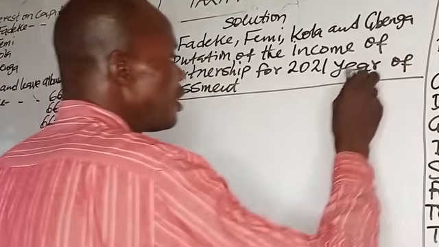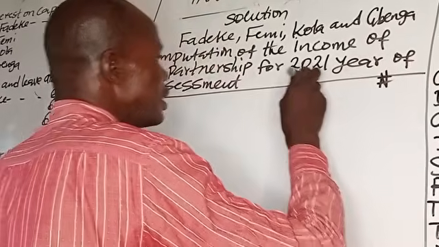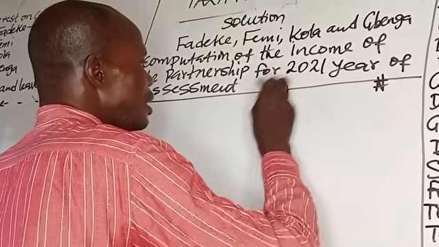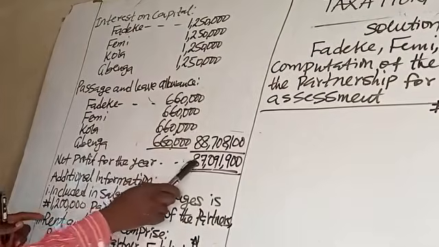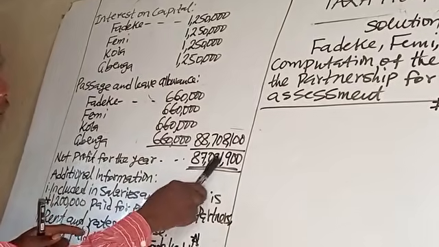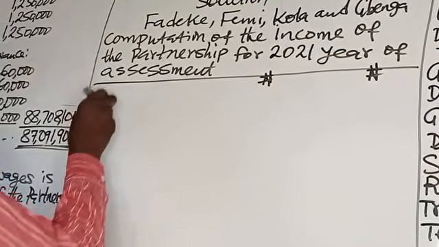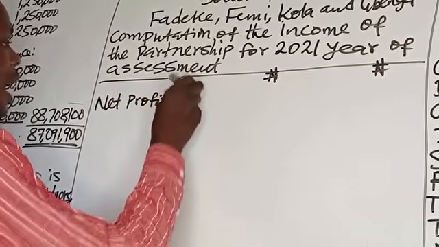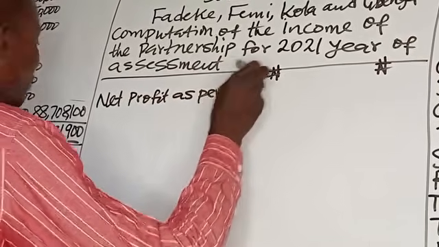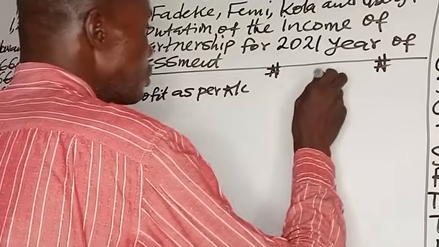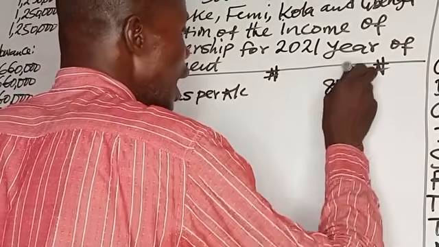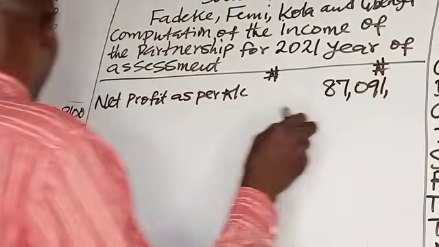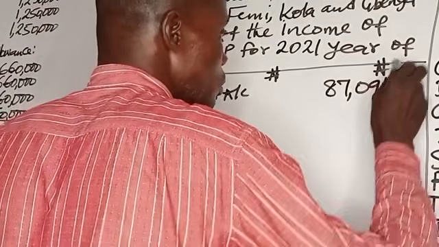So we have, let's put Naira. Net profit for the year, 87,091,900. So now let's start with net profit. Net profit as per account is 7,091,900.